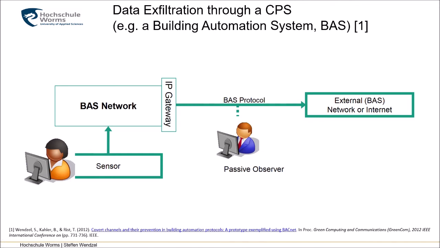So in comparison to the previous work, this is a network-specific work, and this is a common setup that we also discuss in our book in chapter 7. Basically you have this covert channel here.